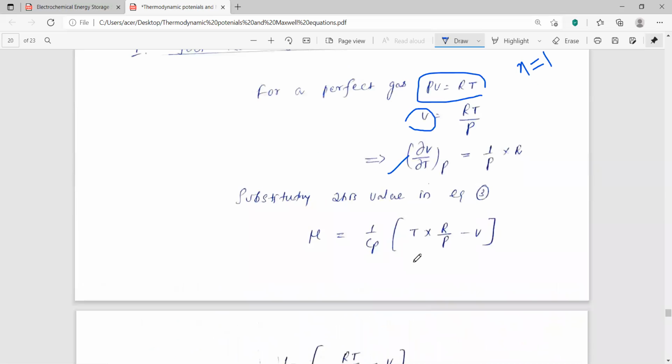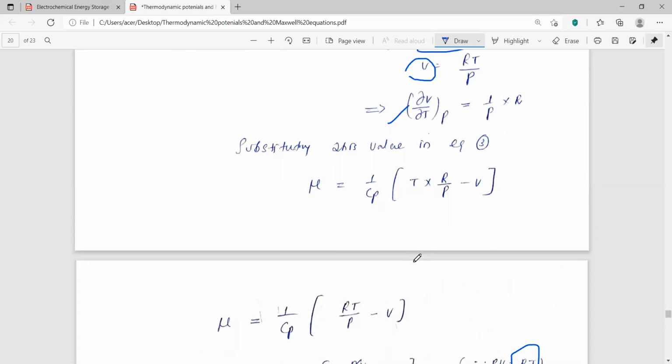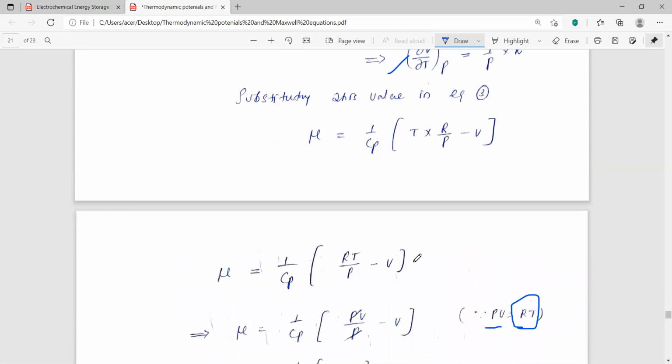So we have derived the equation for the Joule-Kelvin coefficient of expansion. After that, we applied this throttling process to a perfect gas, and we applied it to the van der Waals gas. If I apply the throttling process to a perfect gas, μ becomes 0, that means the gas is neither cooling nor heating.